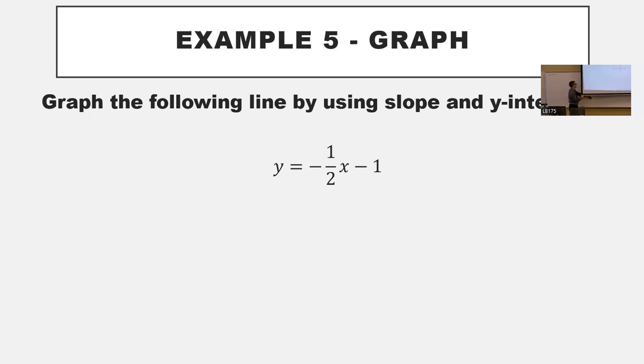Again, linear function, linear equation means the same thing when we graph. y equals -1/2 x minus 1. I want you to write down the slope for each of those two. Write down the y-intercept for each of those two, and try to plot it on your own.